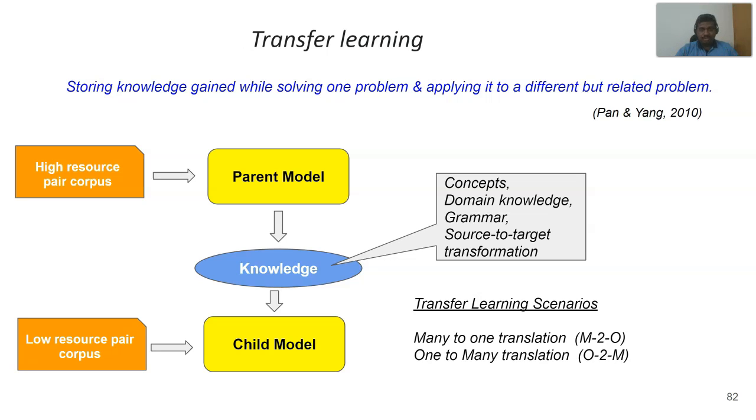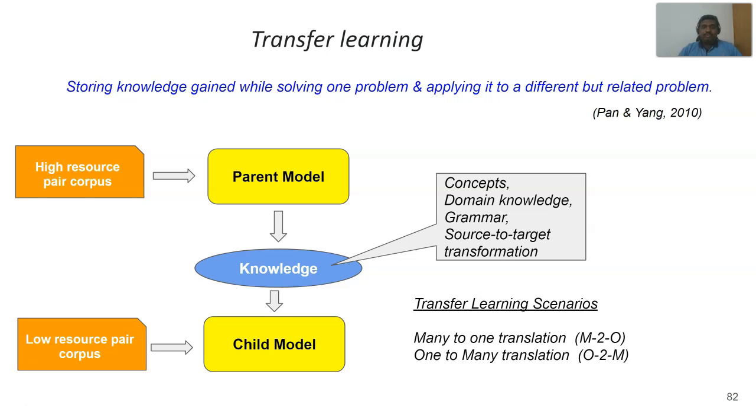It captures a lot of knowledge. It captures knowledge about concepts in the world. It captures domain knowledge if the translation system is for a particular domain. It captures knowledge about the languages involved in terms of the grammar. It captures knowledge about source to target transformation, the rules and representations of the internal network that have to be applied in order to obtain the translation.